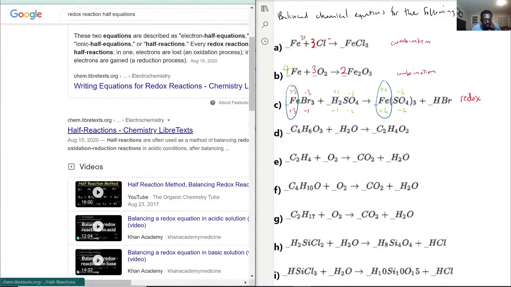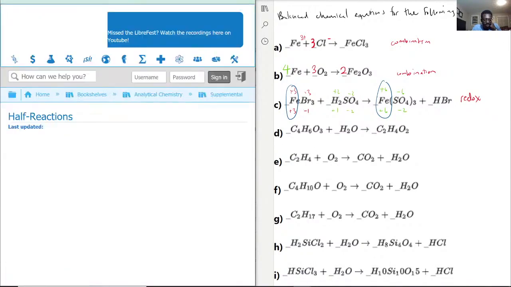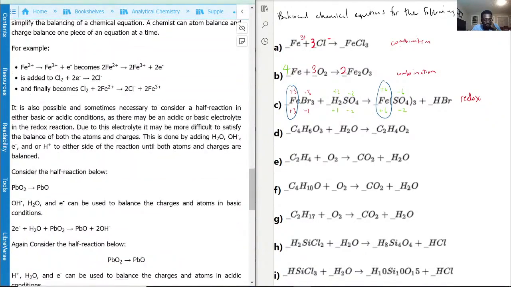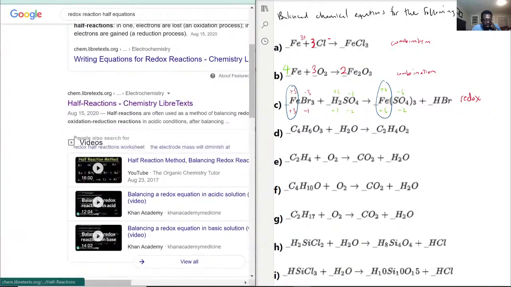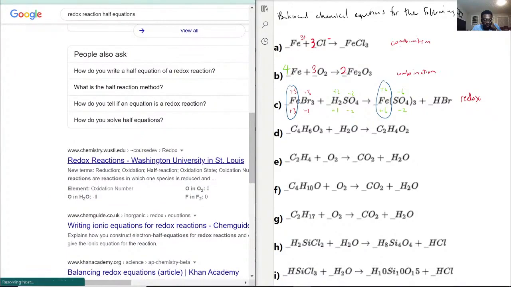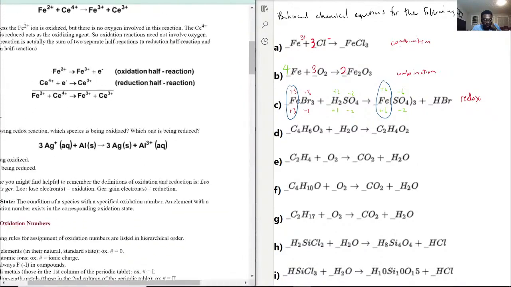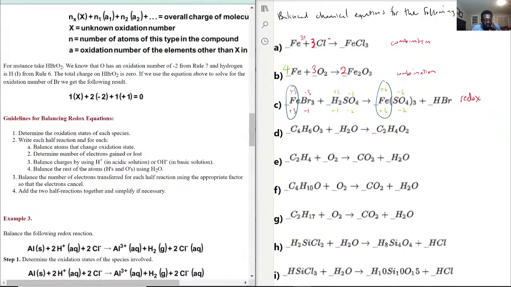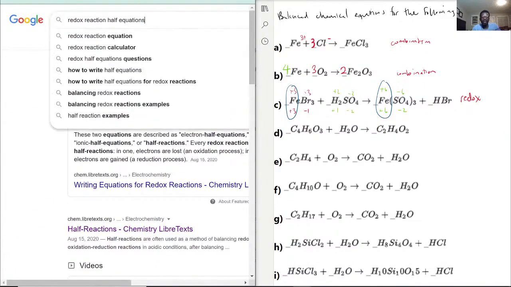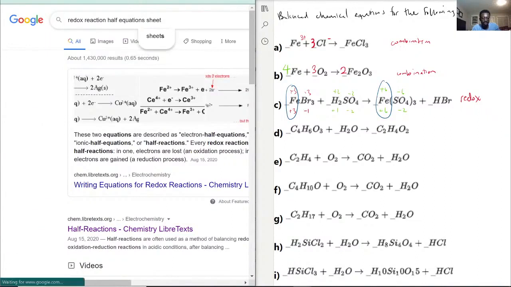Half reactions, please. I just want the nice generous list, because I'll probably save it after this. Redox reactions, half equations sheet.